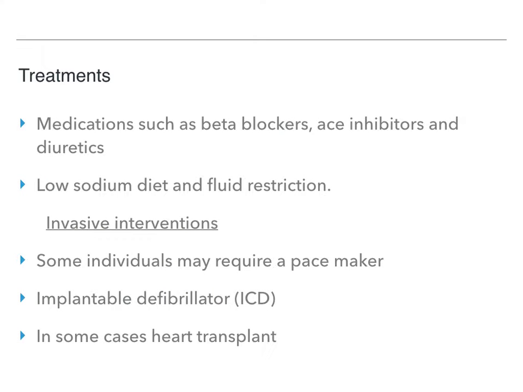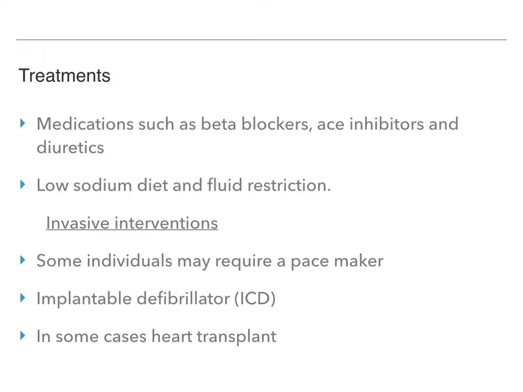What are some treatments that you could use for this issue? Medications include beta blockers, ACE inhibitors, and diuretics, and these are not to treat the cause of the heart defect, but to treat the issues of living with the heart defect. Beta blockers and ACE inhibitors cause vasodilation, and along with the diuretics remove fluid.